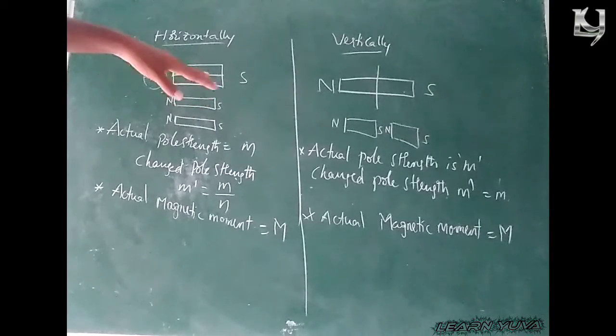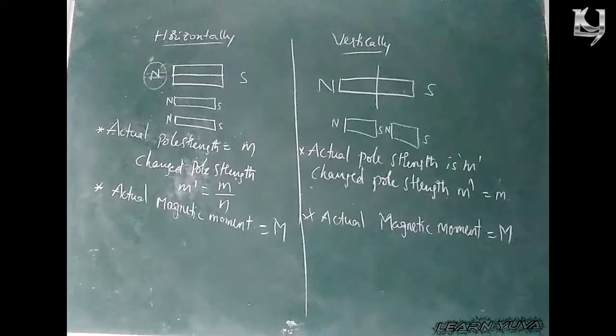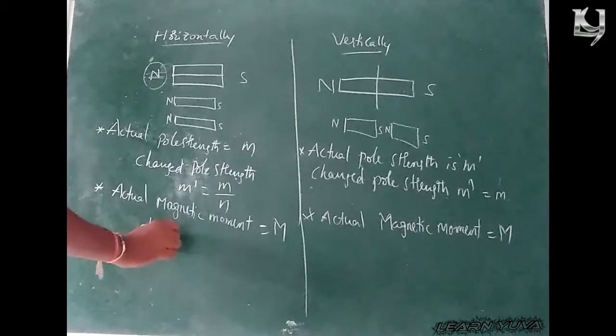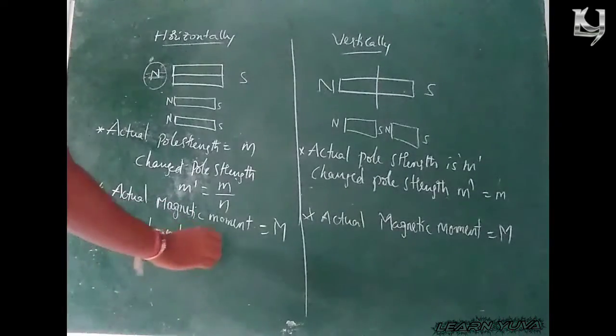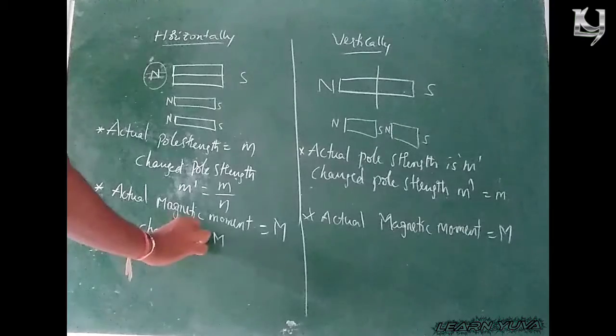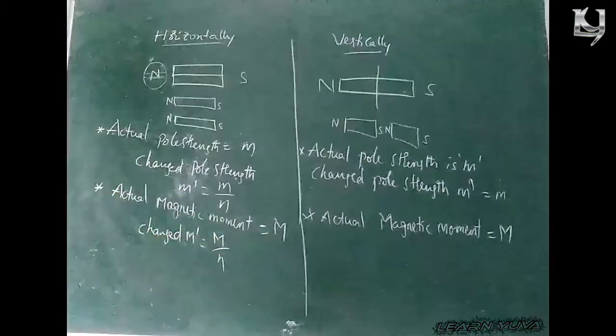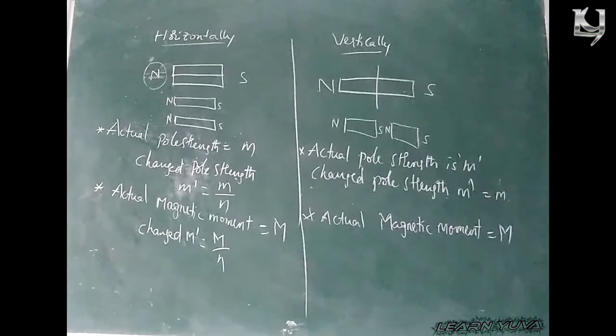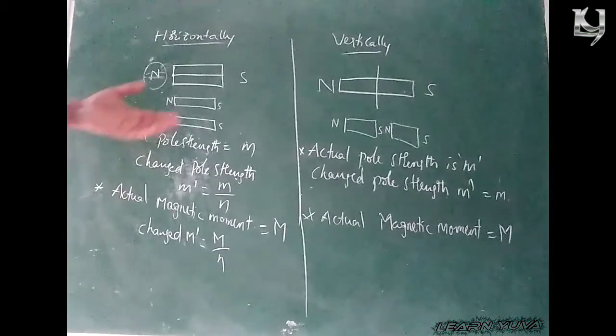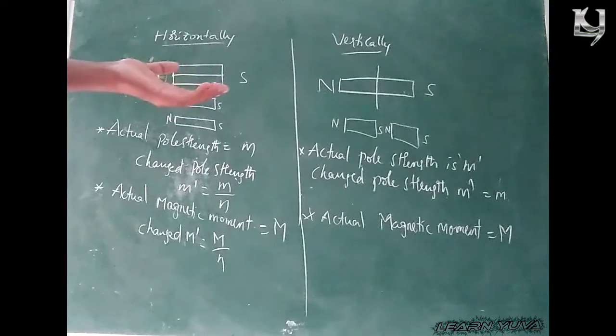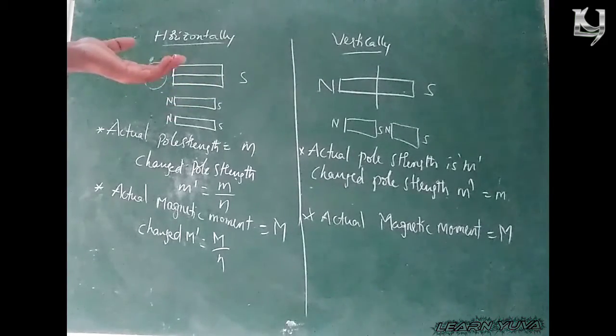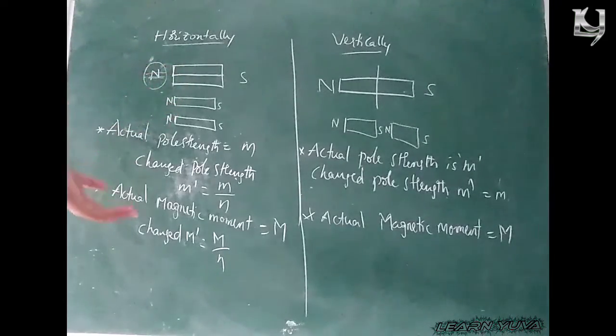Here also the magnetic moment changes. The change in magnetic moment, let's take it as M dash, is equal to M by N. If we cut the bar magnet in the horizontal direction, the magnetic moment changes to M by N. Right. Next.